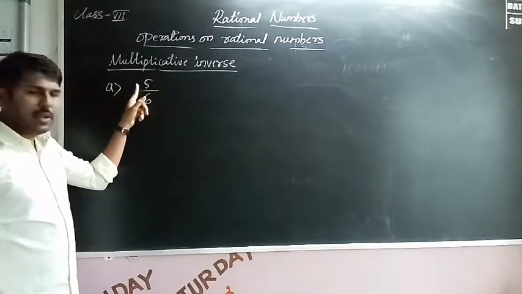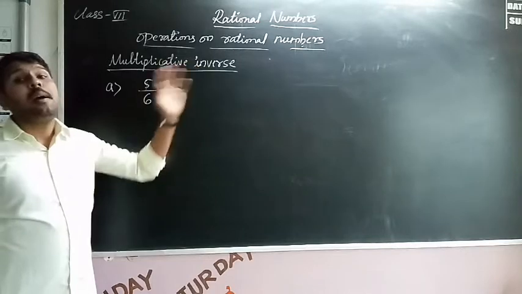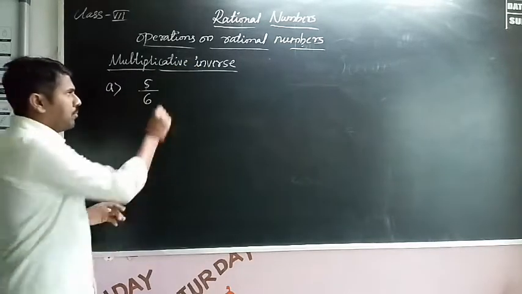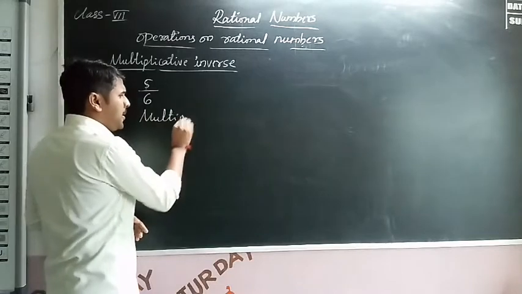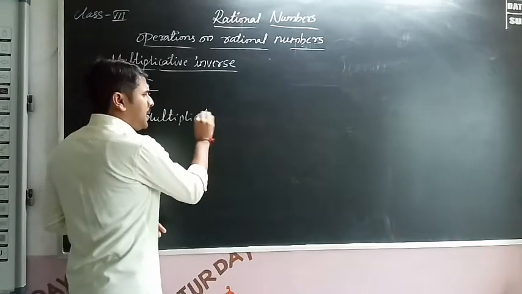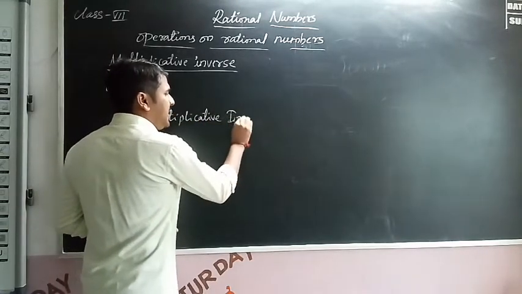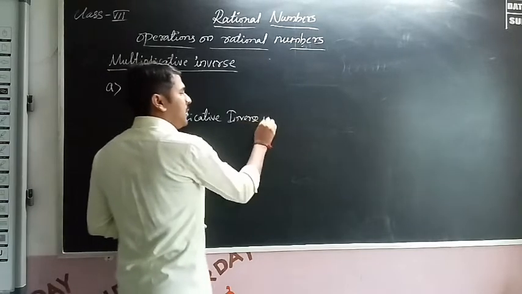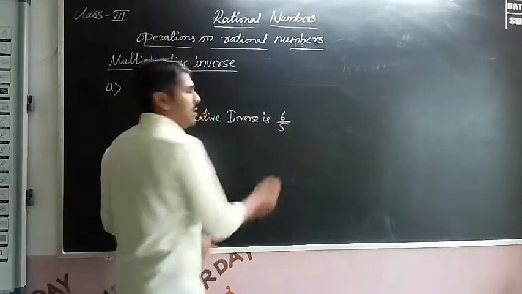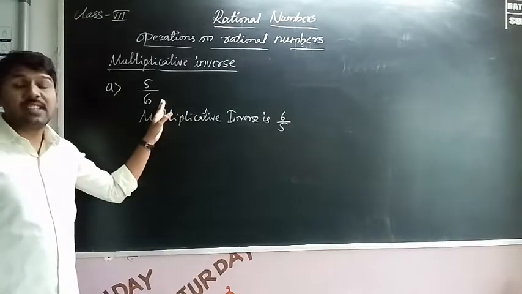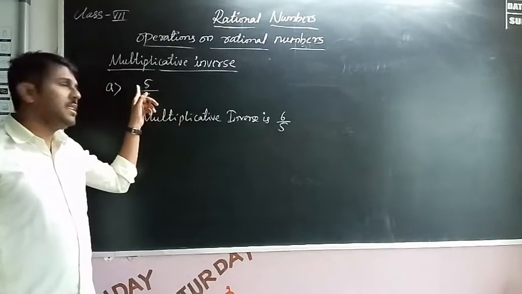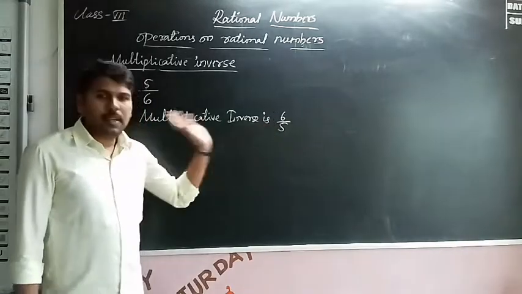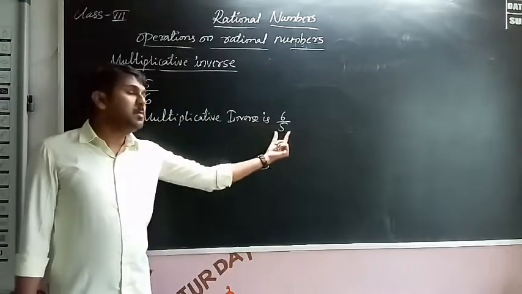If the sign given is minus, take it as minus. So here the multiplicative inverse is 6 by 5, the reciprocal of that rational number, not fraction. Here plus is there, so we have taken the plus sign.